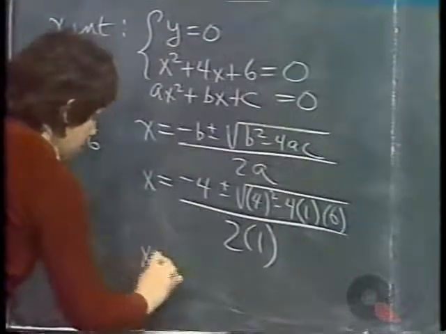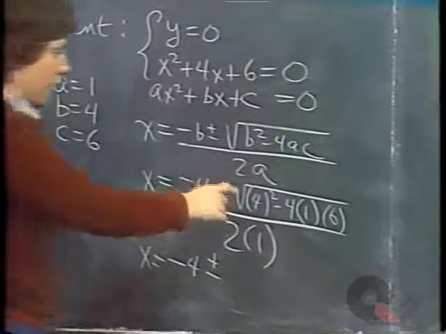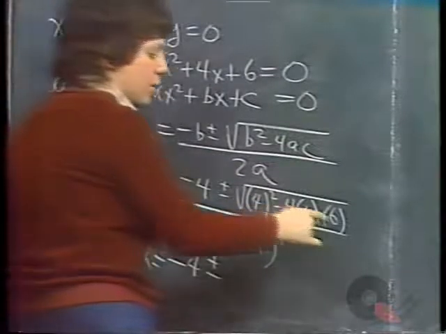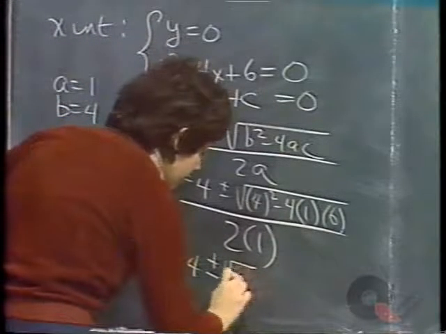Okay, so we get minus 4 plus or minus. Now, look at this. We get 16 minus 24, or minus 8 under the radical.